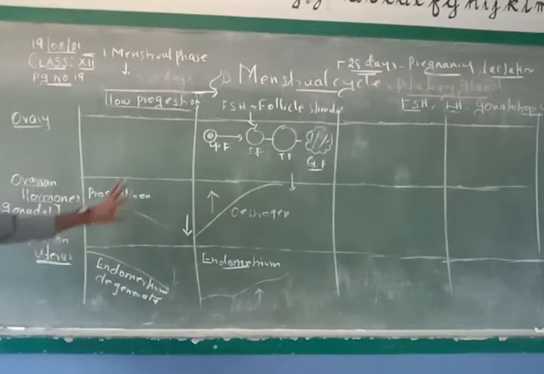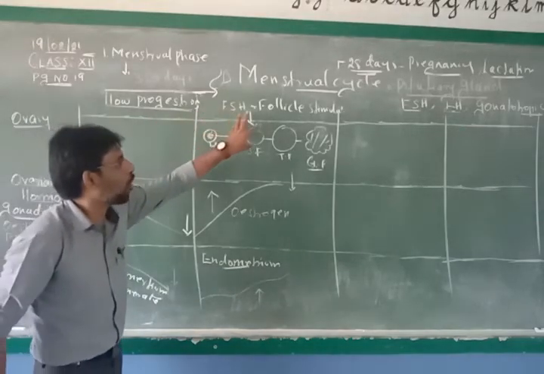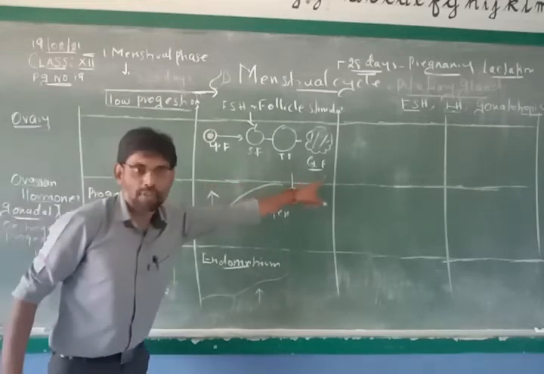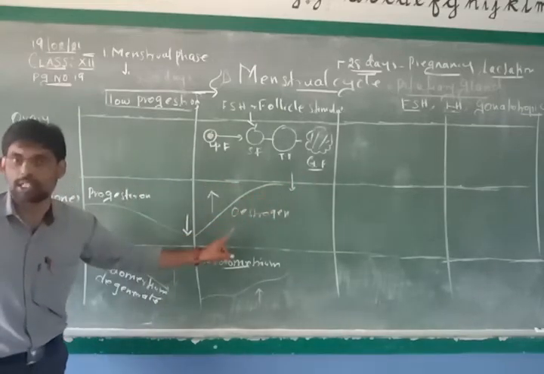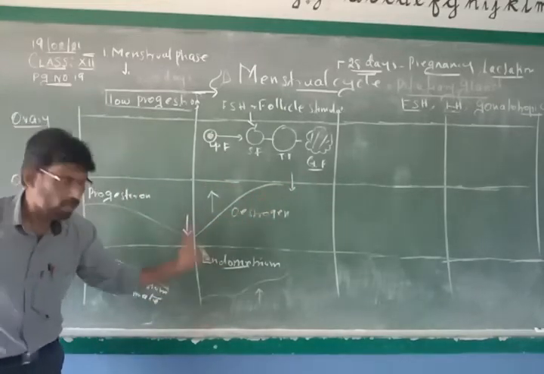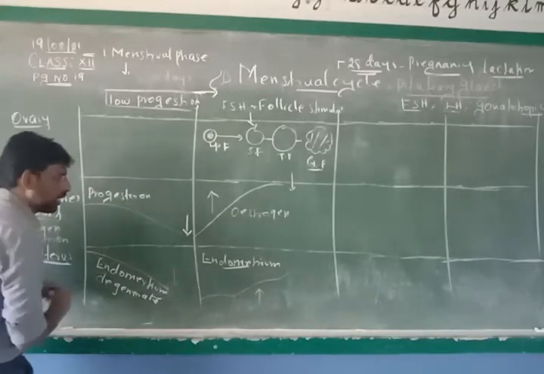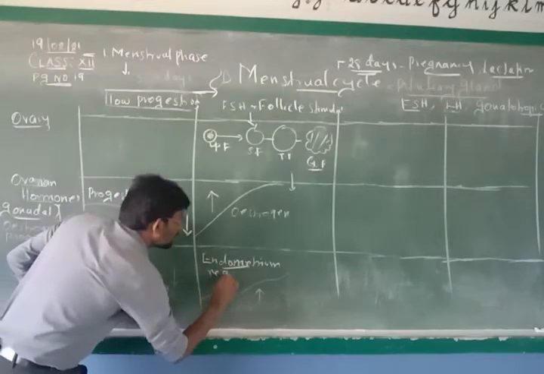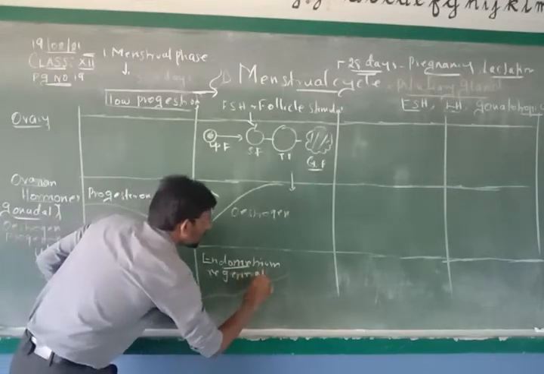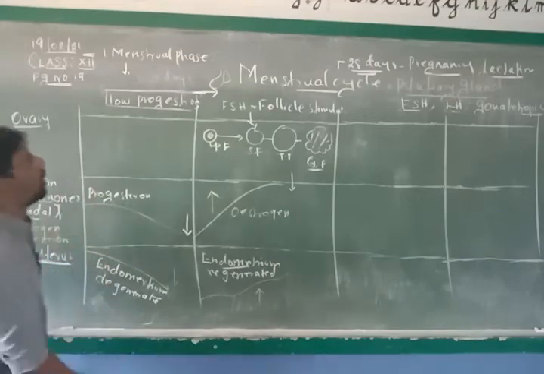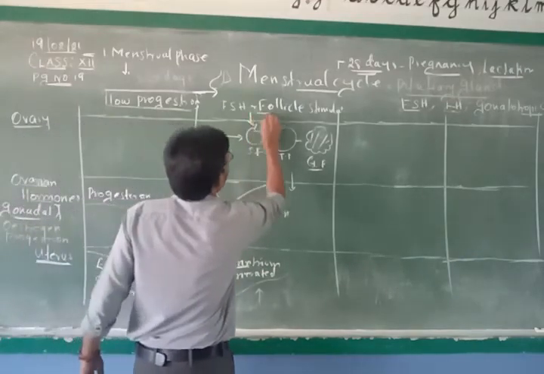So since follicle stimulating hormone is involved in the development of follicles, and the Graafian follicle is responsible for synthesizing the hormone called estrogen, the endometrium starts regenerating. So we can write here, endometrium regenerated. This phase, phase 2, is called the follicular phase.